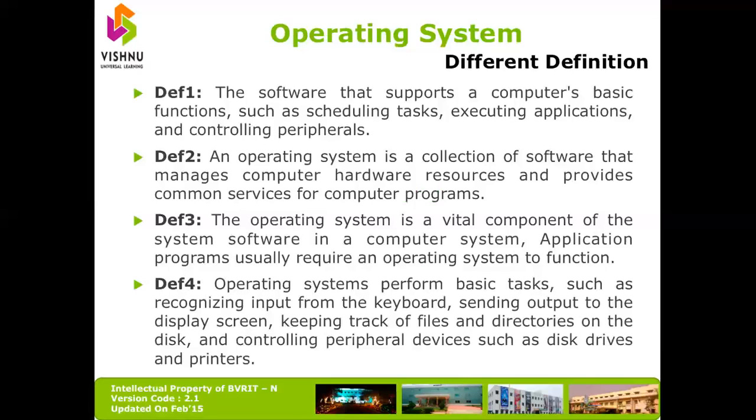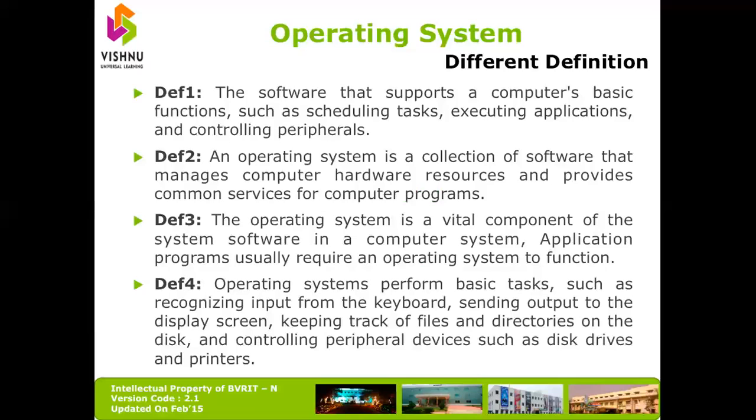So now this one is again focusing on the application programs, like your antivirus, or any other software that you are basically using. Those all need an operating system to interact with the hardware. And here they are also specifying that the operating system is also a software which comes under a category called system software.